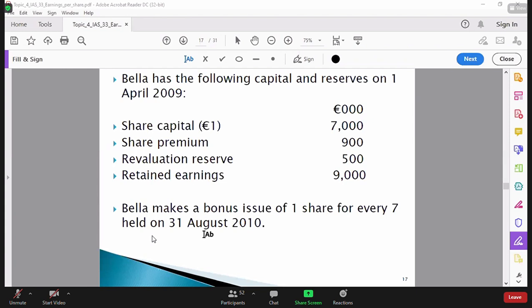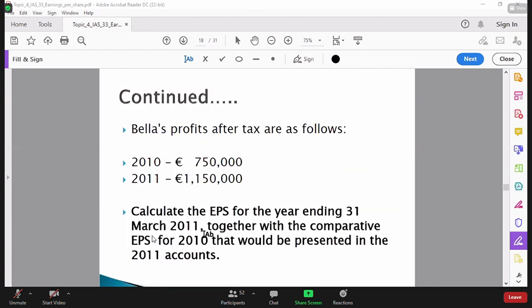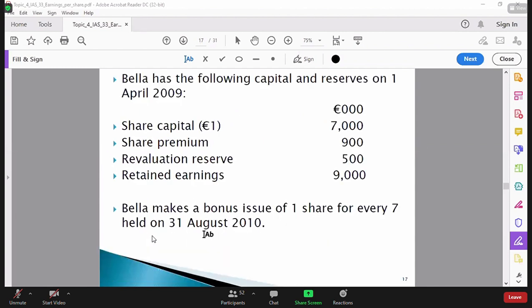Now, the accounting period is 31st March. The bonus issue was declared on 31st August.